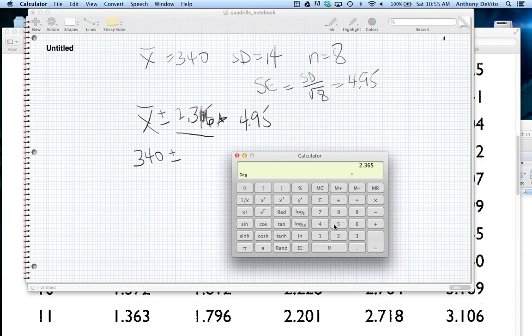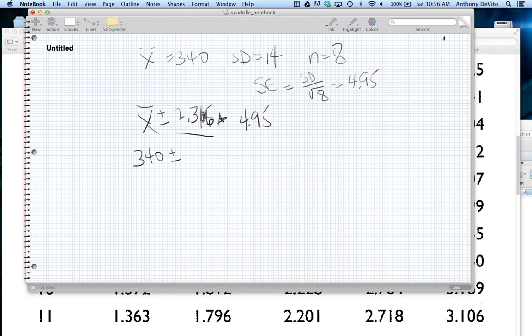2.365 times 4.95 equals 11 point, does that look right? Yeah, 11, that looks right, right? 11.7. Okay, 11.7. Okay, so now if I look for my confidence interval, it's going to be 340 plus or minus 11.7.